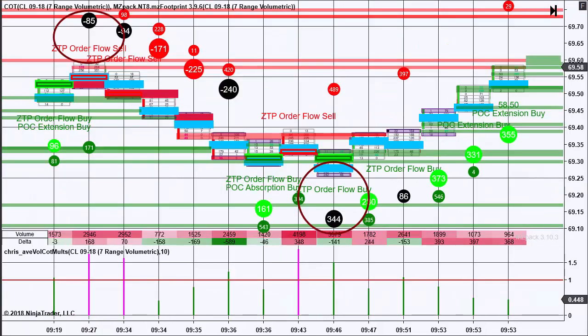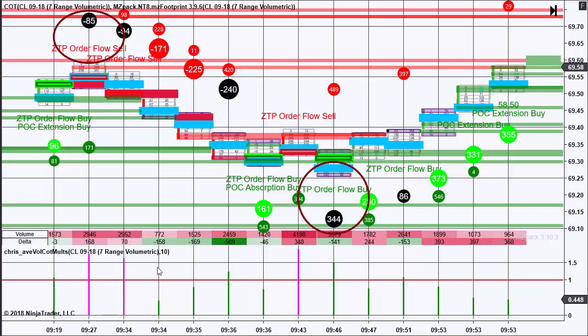One of the other things that you see on this chart, which is new, is this graph down here at the bottom. And what that is doing is representing the average volume of this particular bar. So this particular bar had approximately 1.7 times the volume of the average over the last 10 bars.